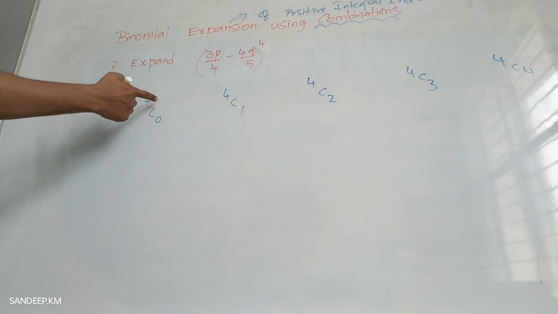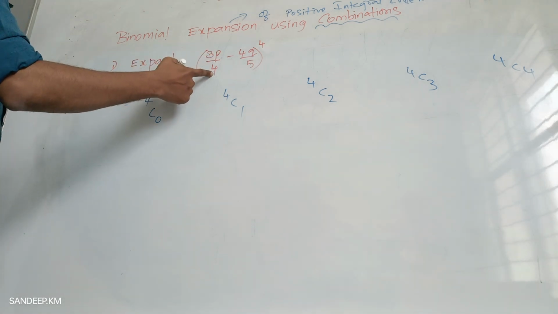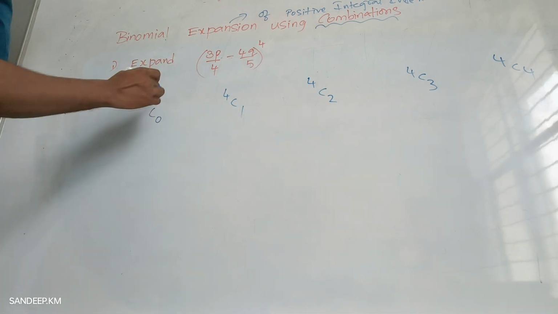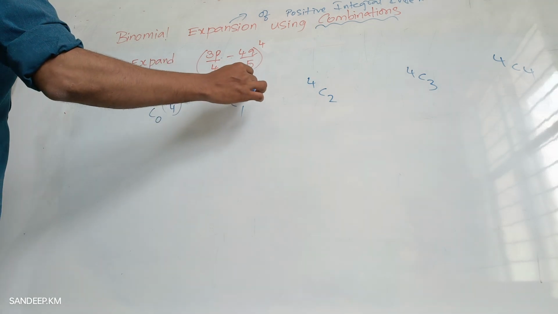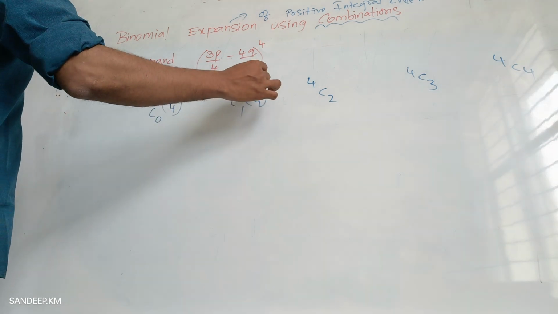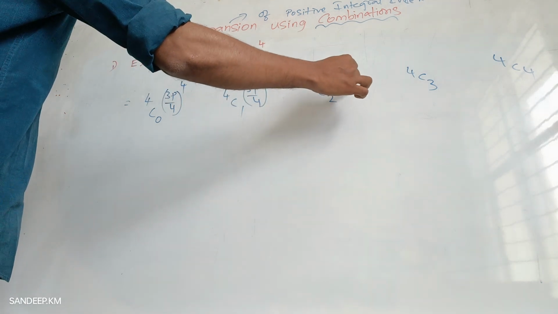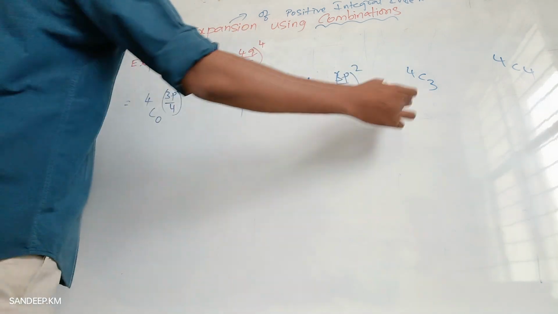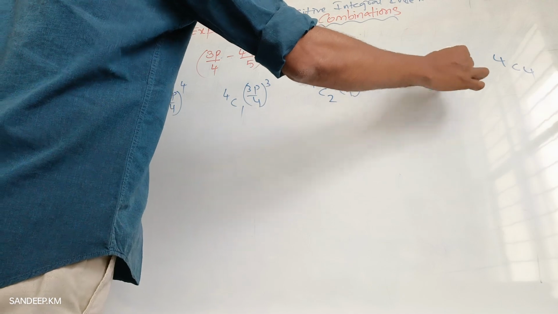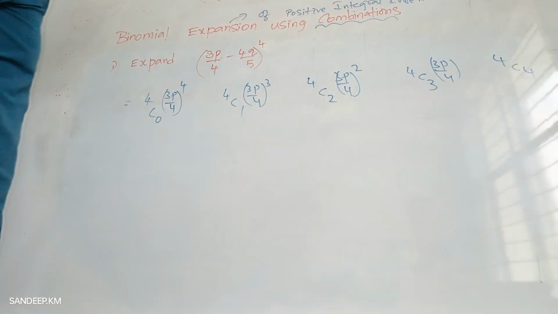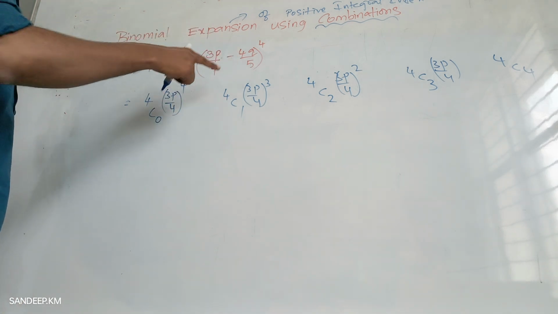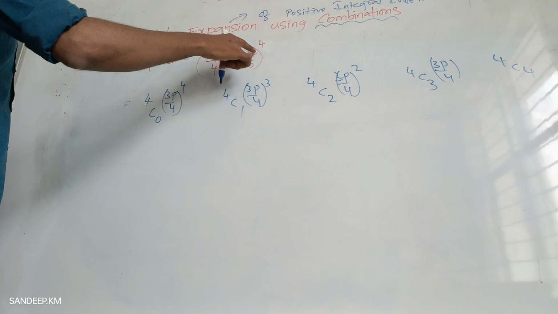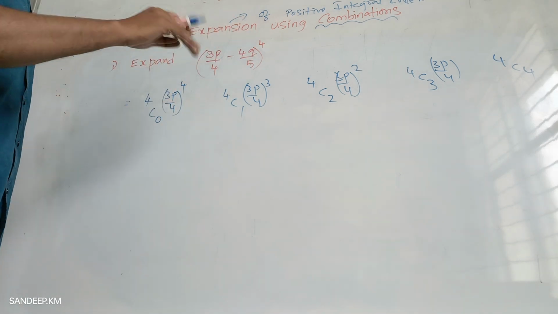Now we will write the powers of 3p by 4 in decreasing order, which means (3p by 4) whole power 4, next (3p by 4) whole cube, (3p by 4) whole square, (3p by 4) power 1, and then (3p by 4) power 0, that is not needed.